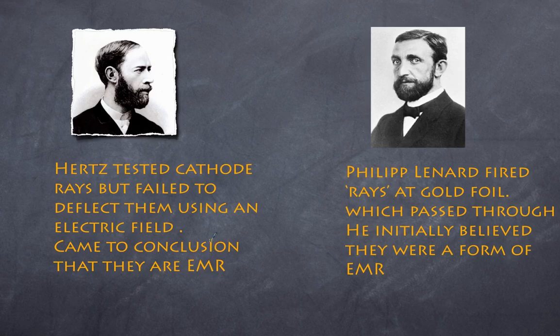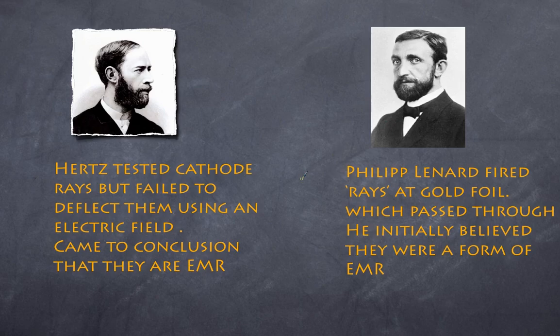At the time, also an area of research after Maxwell's predictions of electromagnetic radiation. Philip Lenard, a Frenchman, also looked at these cathode rays and he fired them at gold foil. Now, in this case, the cathode rays passed straight through them. So again, he was of the opinion that these cathode rays were not forms of matter, but were some sort of electromagnetic radiation.